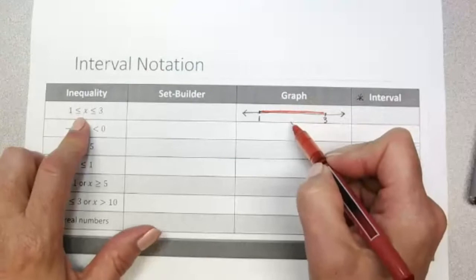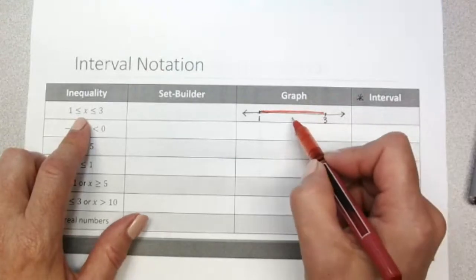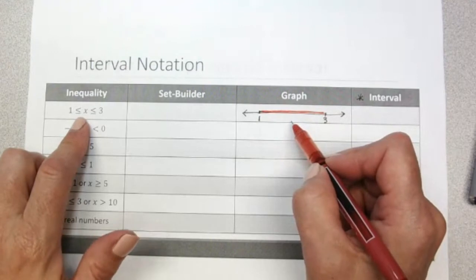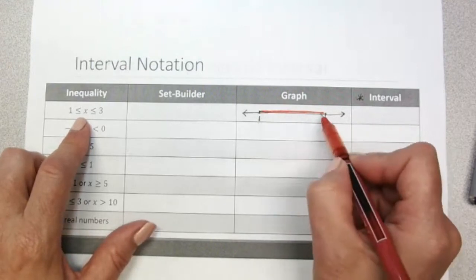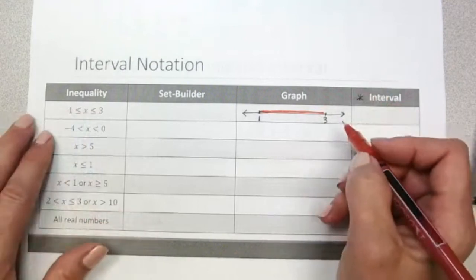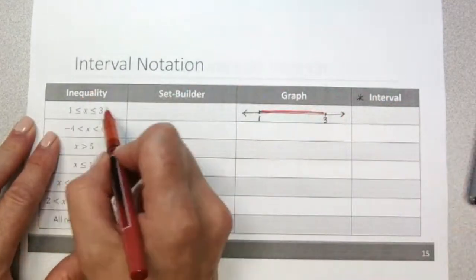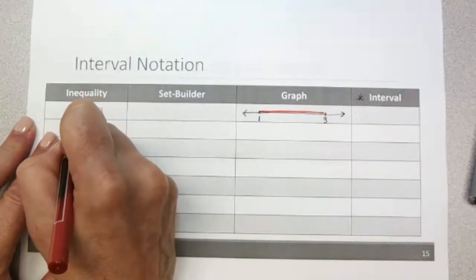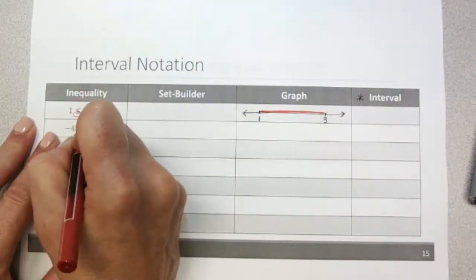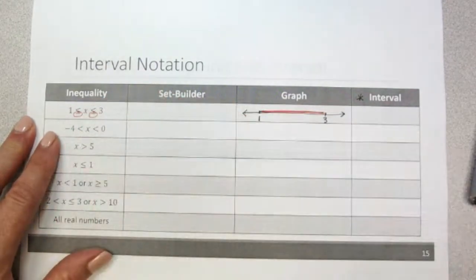Every little decimal that's in there, 1.000001, 2.79358, any value at all that falls in between 1 and 3 should be included in that graph. And when I take a look, the value is between 1 and 3, but look, it says 1 is less than or equal to the value, which is less than or equal to 3. All right?